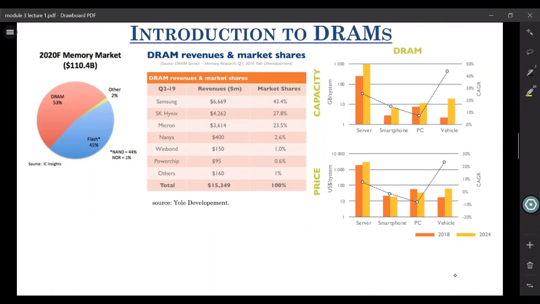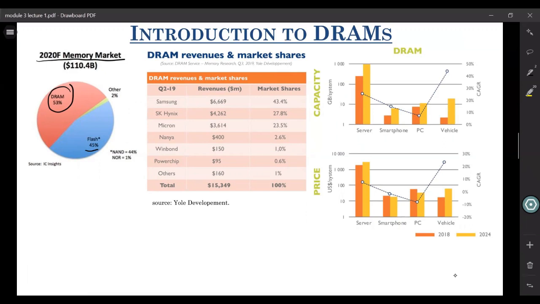If you look at the 2020 financial year's memory market, you'll observe that DRAM occupies 53% of the entire memory market. Flash is 45%, and others are only 2%. But this is 2020. In 2025, things are going to change because emerging non-volatile memories are going to capture a large part of this market. Anyway, last year DRAM grabbed 53% of the memory market.